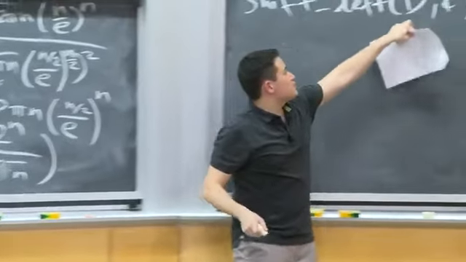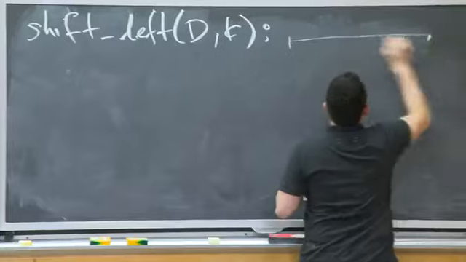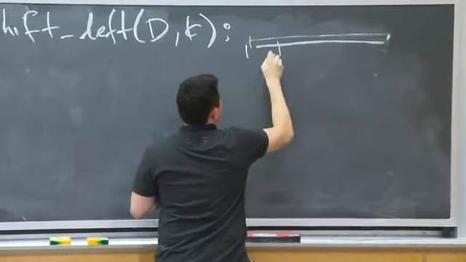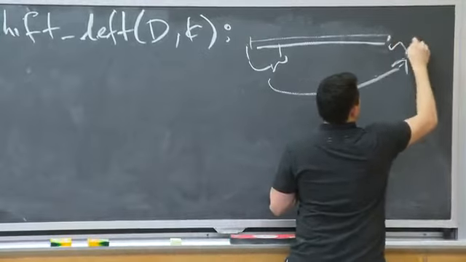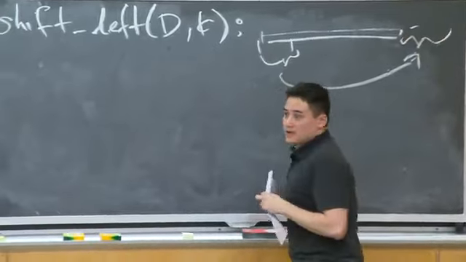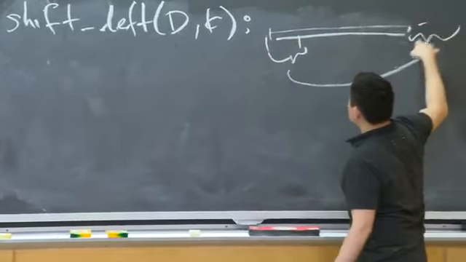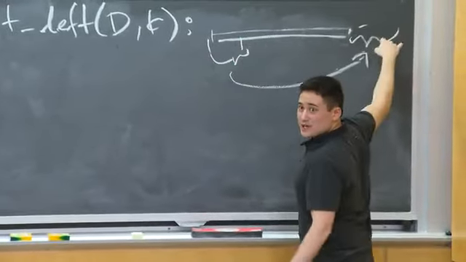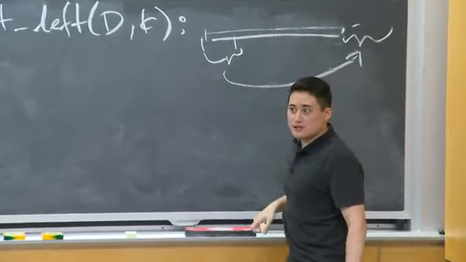We are given this sequence, and what we want to do is take the first k, right, here, and stick it over here at the back, okay? So that these k go here, so the kth item ends up being the last item, and the k plus 1th item now becomes the first item.